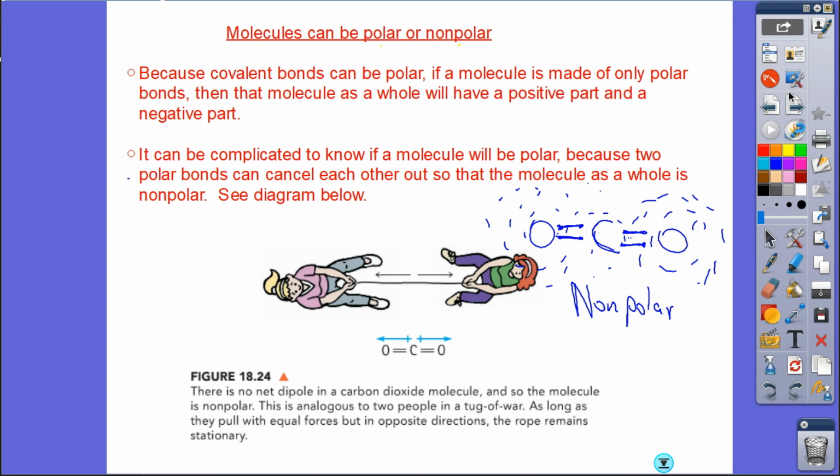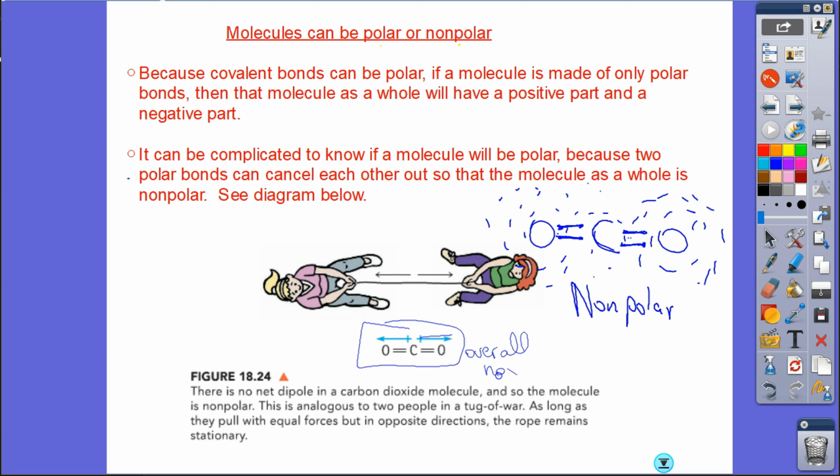But there are exceptions. So carbon dioxide looks like this. Each of the carbon and oxygen bonds themselves are polar. So there's a dipole pointing to the right, there's a dipole pointing to the left.